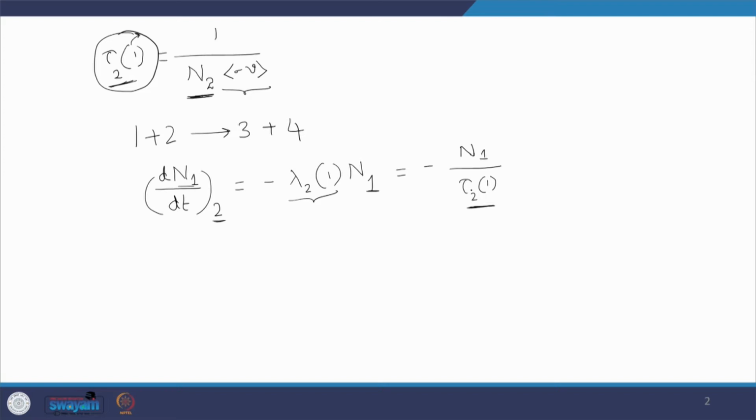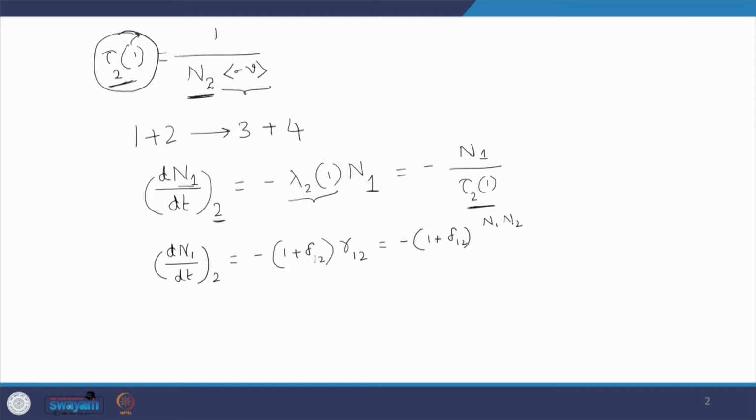Now, I can also write this as dN1 by dt by interacting with type 2, considering the nature of identicalness, delta 1 2, total reaction rate R12 is equal to minus 1 plus delta 1 2, N1.